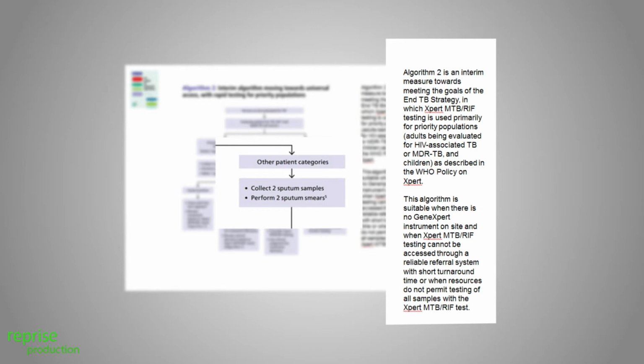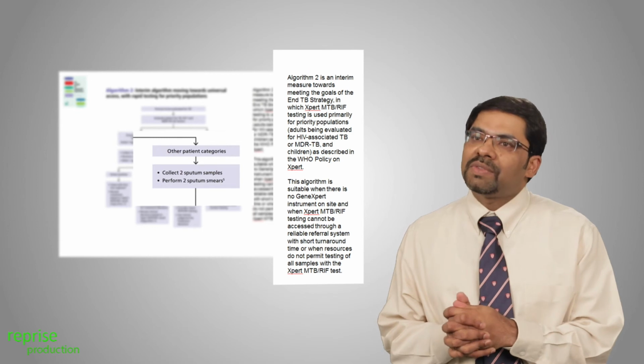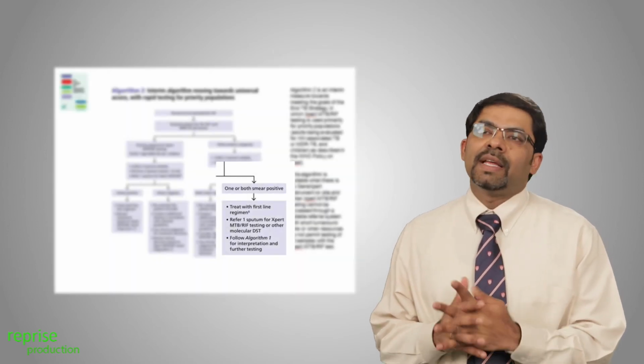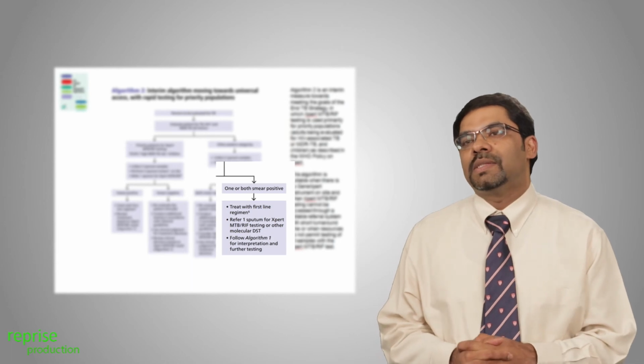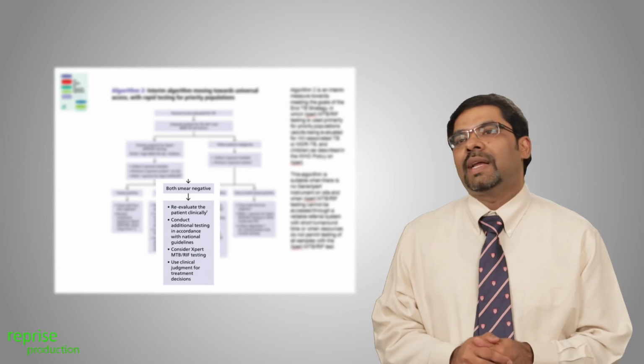All others can receive sputum smears, and 2 smears should be done. Ideally 2 fluorescent stained smears will be the best way of doing microscopy. If the smear is positive, then it gives you great confidence that this person has pulmonary TB, and then you can go ahead with managing the patient as TB.